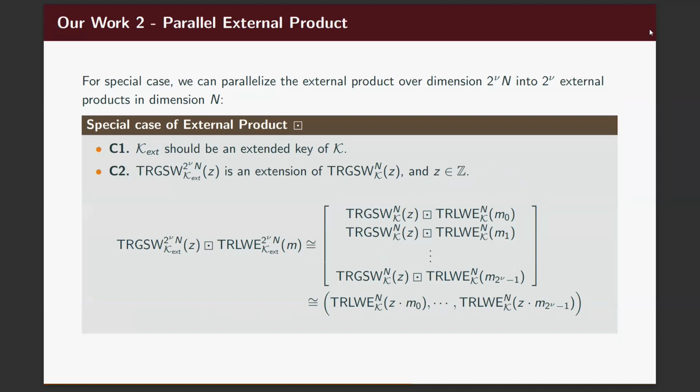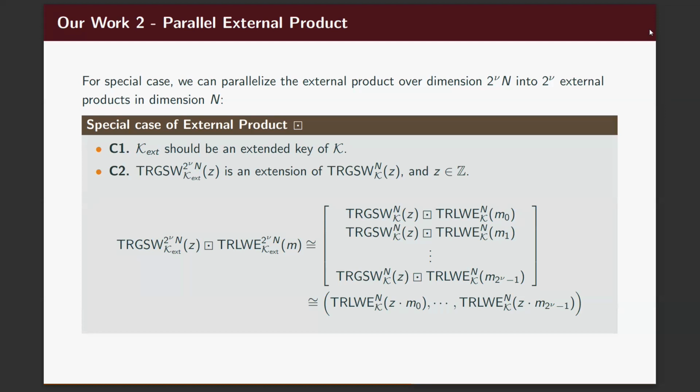Sadly, the external product does not follow naturally in this case. So the public key has to satisfy some conditions. There's condition 1 and 2. So both the ring GSW ciphertext and the ring LWE ciphertext have to be encrypted by the extended key. Also, the ring GSW ciphertext has to be an extension from a ring GSW ciphertext of a smaller dimension n.